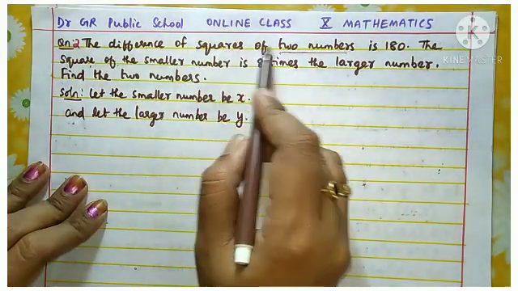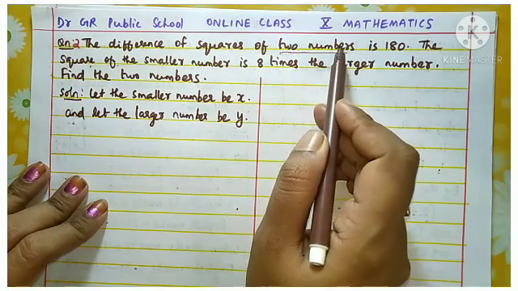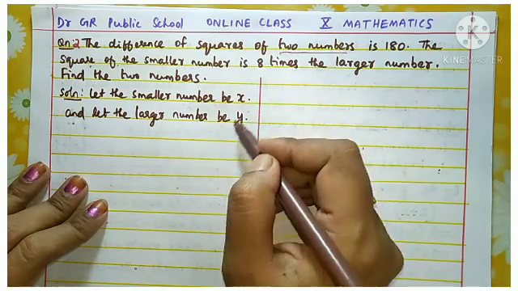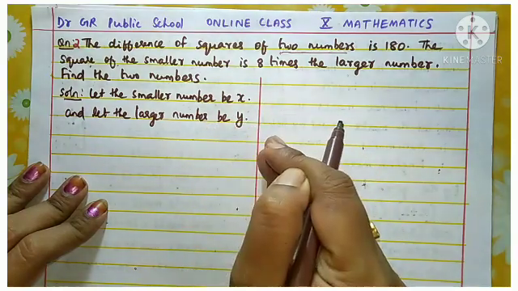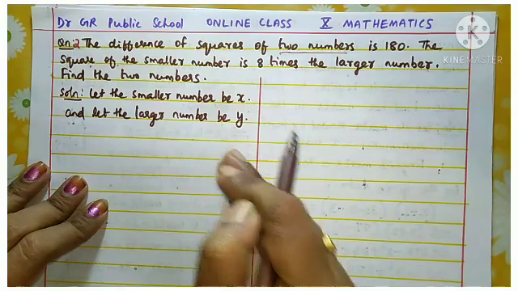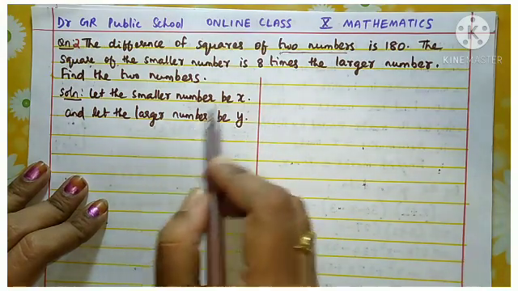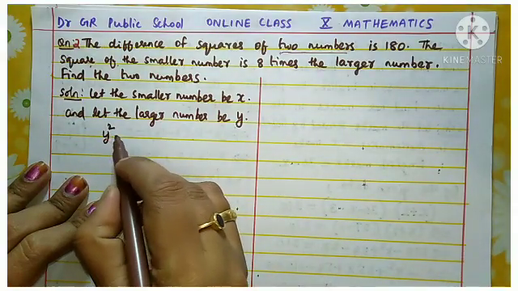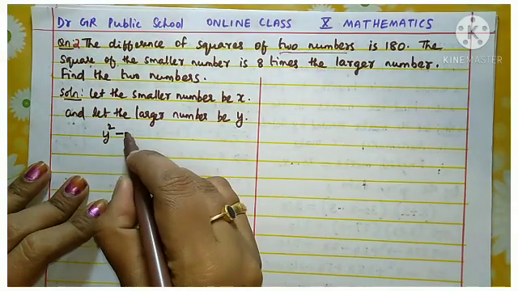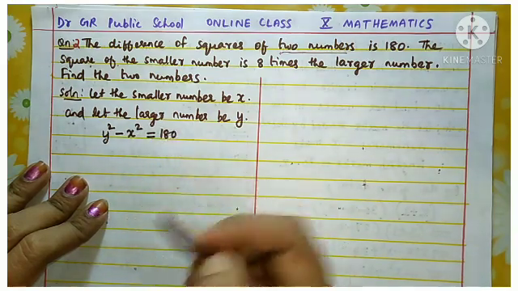The difference of squares of two numbers. Difference means we will subtract the smaller number from the larger number, so you write the larger number first, correct? So here difference means the larger number square minus the smaller number square, that difference is 180.